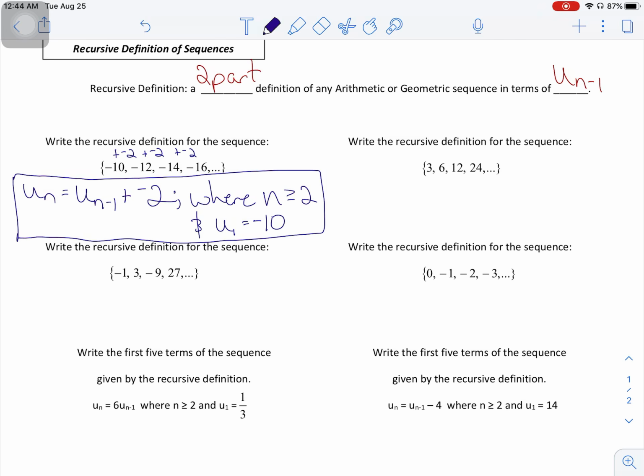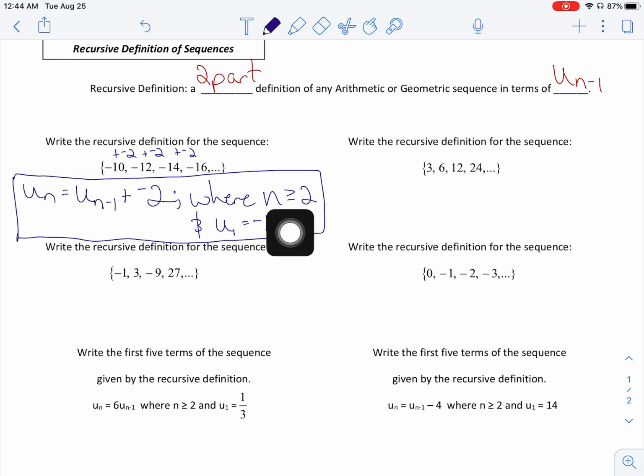So again, how does it look? Any term in the sequence is the previous term added to a negative 2. Take your previous term, add negative 2, and you're going to get the next term in the sequence. Second part, where n is greater than or equal to 2, and u sub 1 is equal to negative 10.